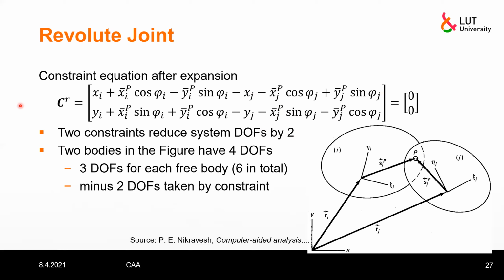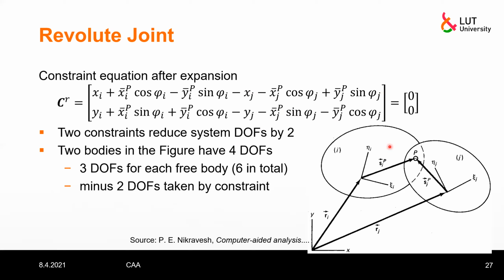Another thing is that because revolute joints form in the planar case two constraint equations, it reduces the number of degrees of freedom of the whole system by 2.